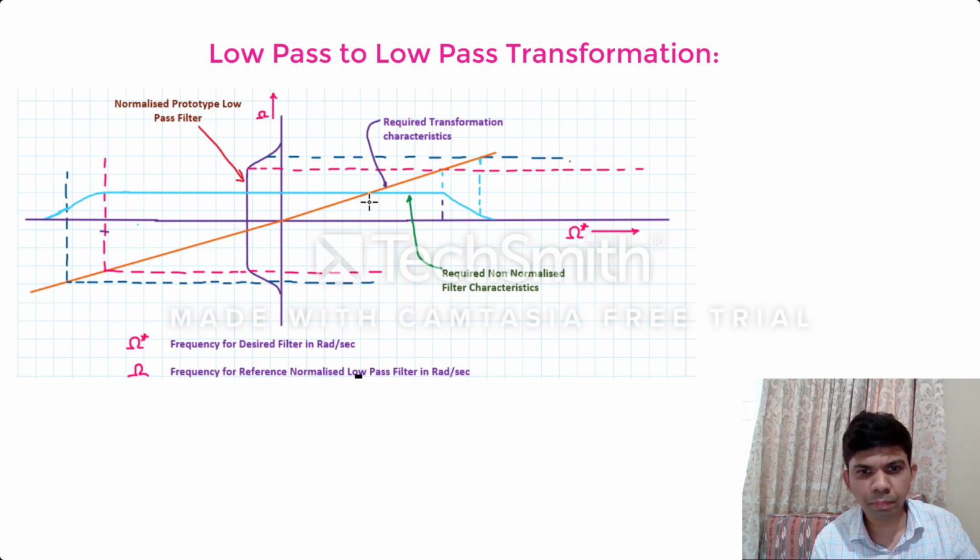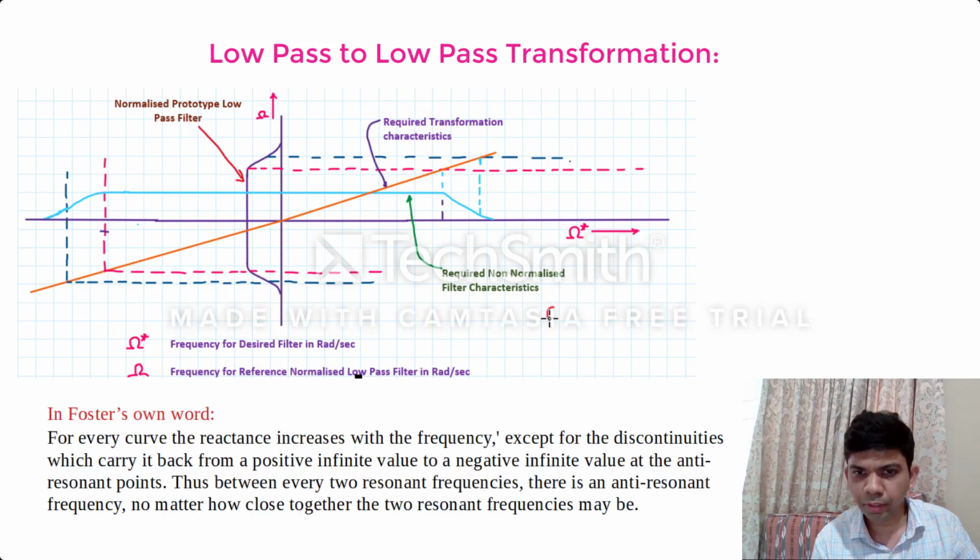Now let us briefly discuss the condition necessary for the characteristics to be realizable. In Foster's publication, he mentions that dX by d omega must be greater than 0 at each point of the characteristics. Then and only then it is realizable.